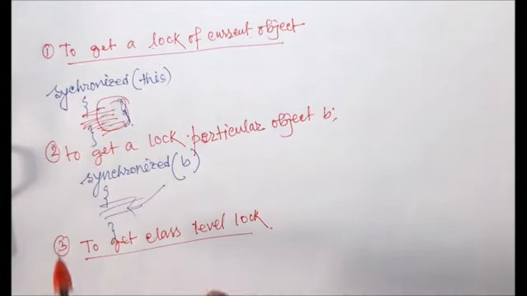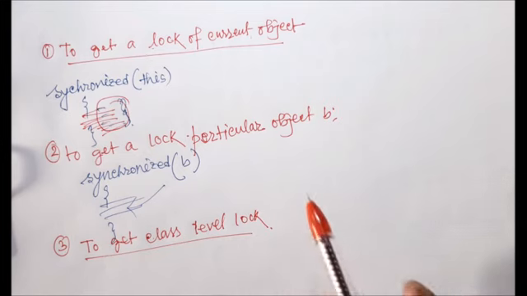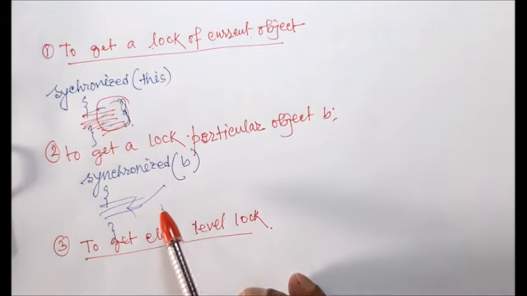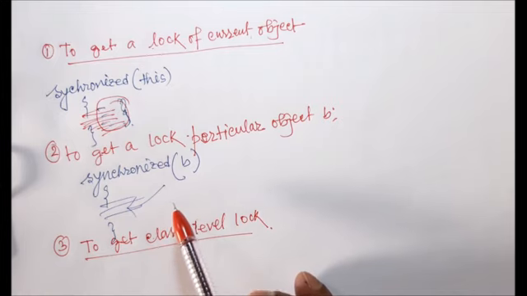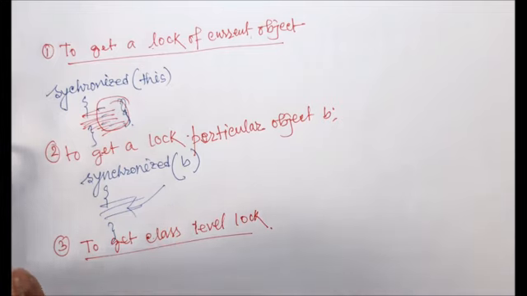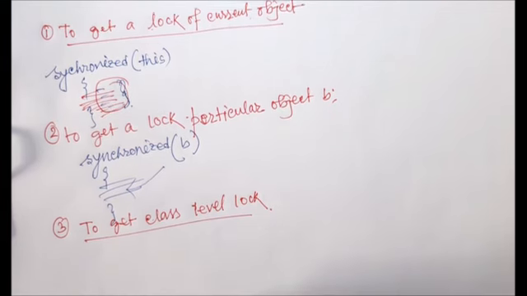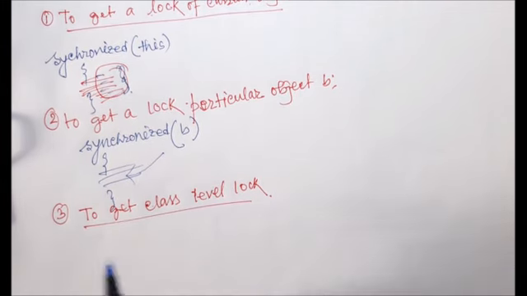We have seen there are three types of synchronized block, or we can say there are three ways we can declare a synchronized block: synchronize on the current object, synchronize on a particular specific object, and synchronize to get a class lock. For example, in our last example we had a display class. So suppose I want to get the lock of the display class, what will happen?